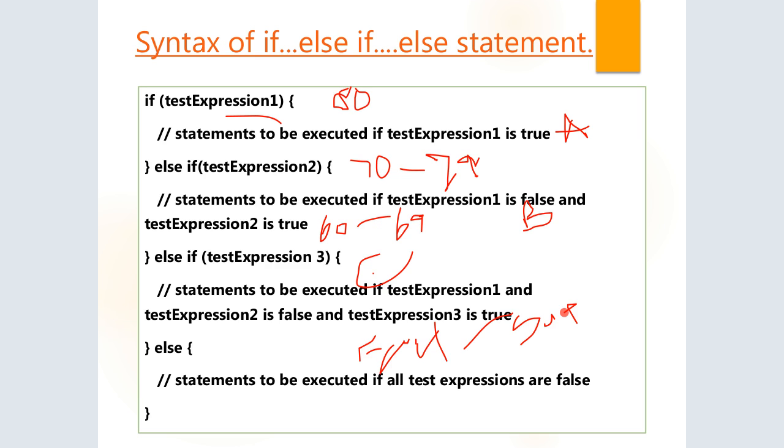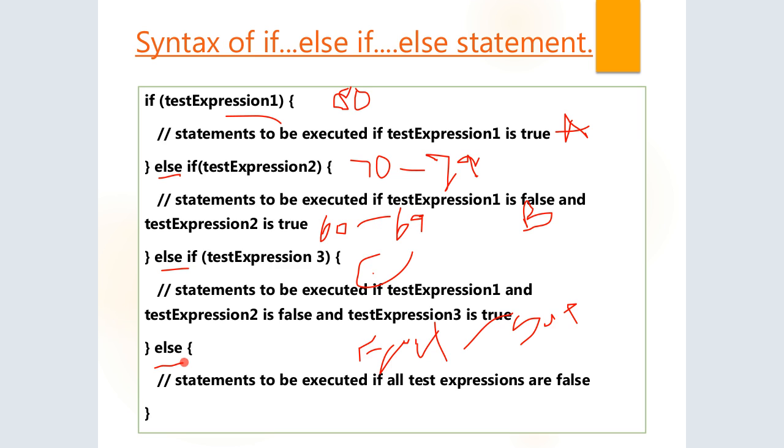So that's how the program should work. We are trying to test several conditions, and that can be done if you use this structure here: if, else if, then else. So else will just be handling the last part.